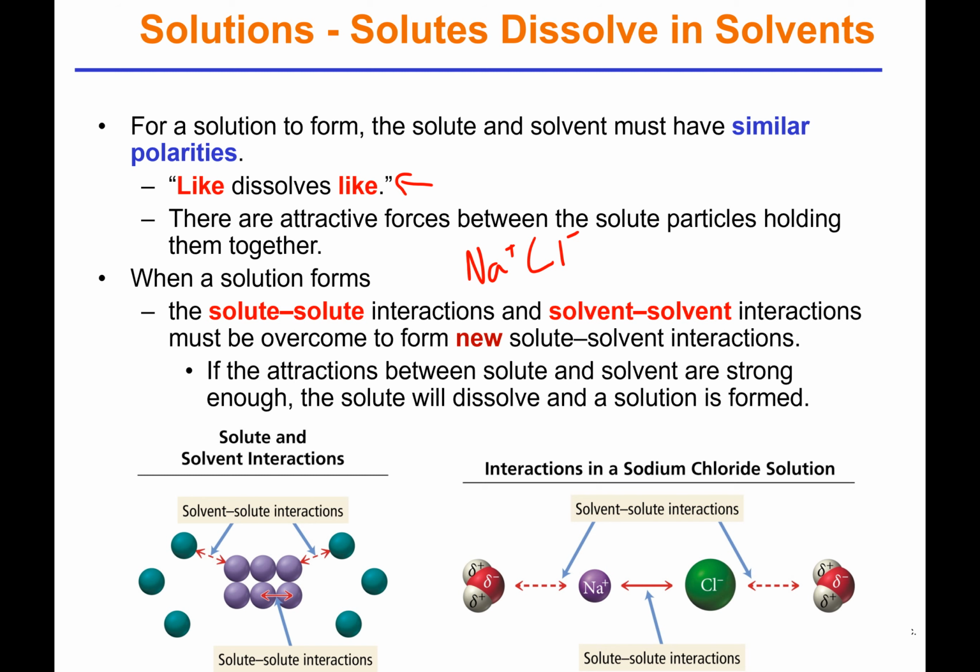So let's read the statement: the solute-solute interactions and the solvent-solvent interactions must be overcome to form new solute-solvent interactions. In other words, we have to break solute-solute bonds and solvent-solvent bonds to form new solute-solvent bonds. So the solute-solvent interaction has to be strong enough to break both the solvent and the solute away from each other.